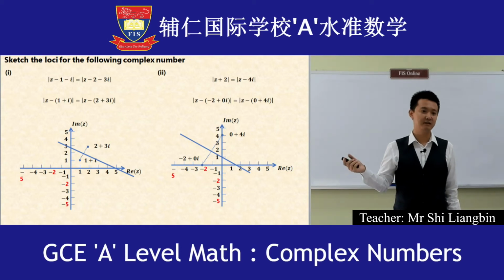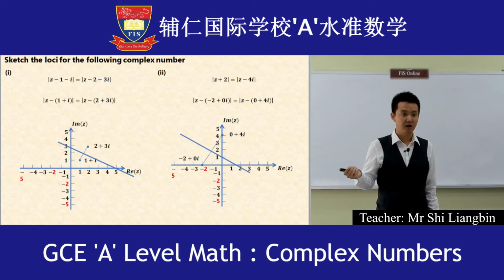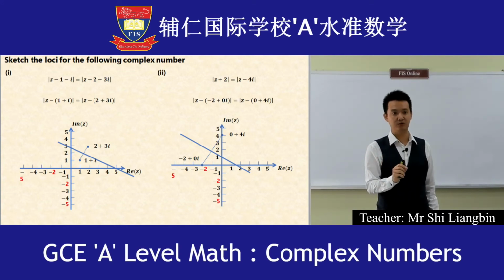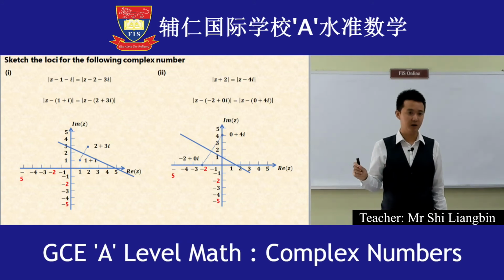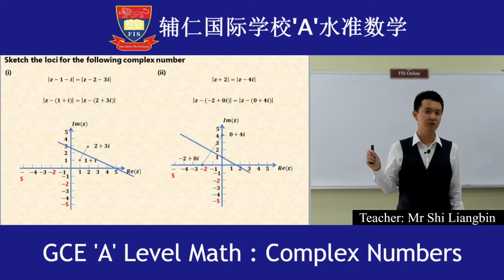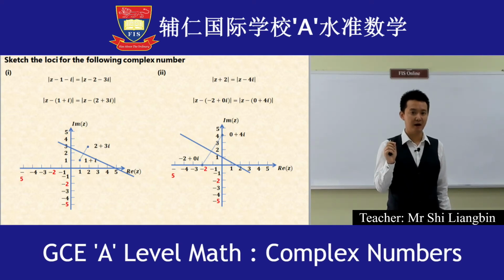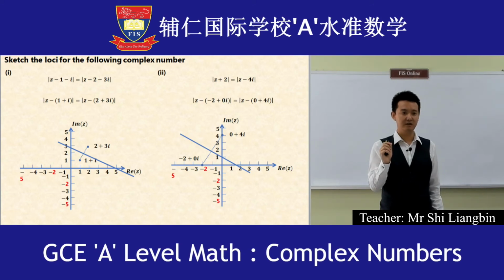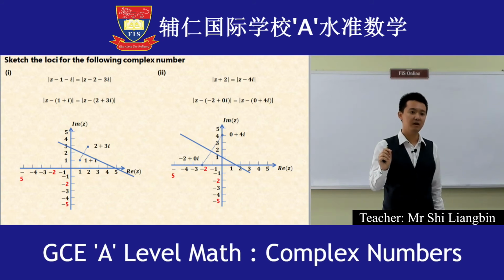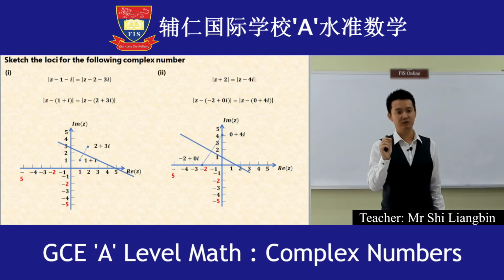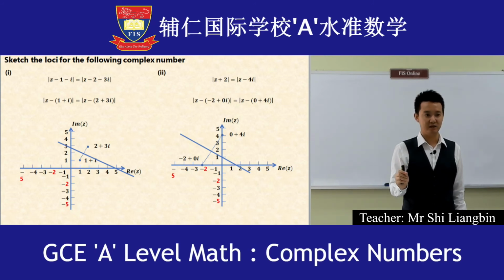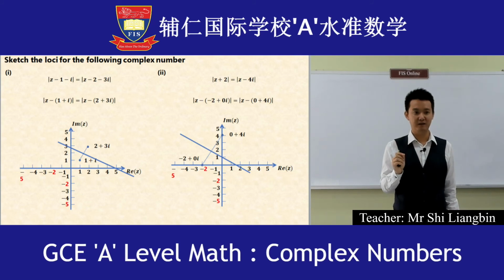For the first one, even though it's z plus 2, we can write it as z minus (negative 2 plus 0i), which means the imaginary part is equal to 0. Similarly, for the second part, you can change it into z minus (0 plus 4i), where the real part is equal to 0. When you identify these two points, actually these are two special points. One will be on the real axis, and the other will be on the imaginary axis. Once you identify these two points, still use a dotted line and draw the perpendicular bisector. Therefore, it will be the null site of this equation.